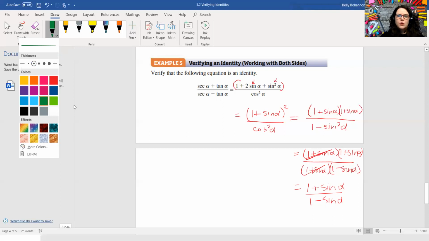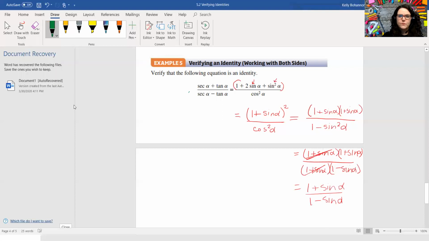So the first thing I'm going to do is, let me think for just a second. Okay, I think I'm going to multiply both the top and the bottom by cosine alpha. I'm going to try to get myself to a Pythagorean identity so that then I can factor and get down to here.